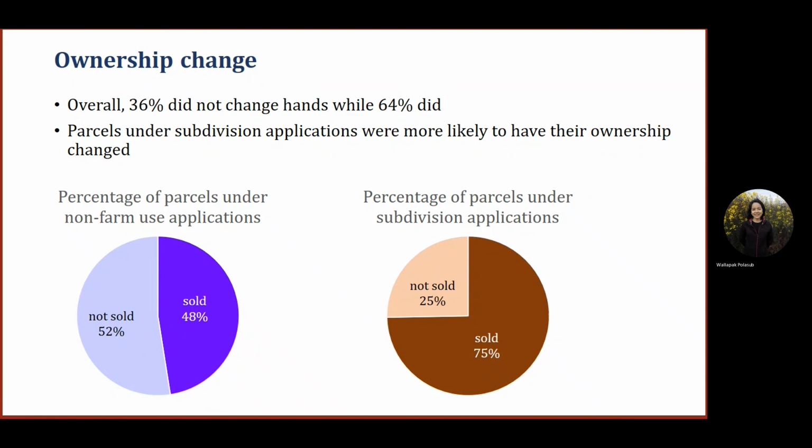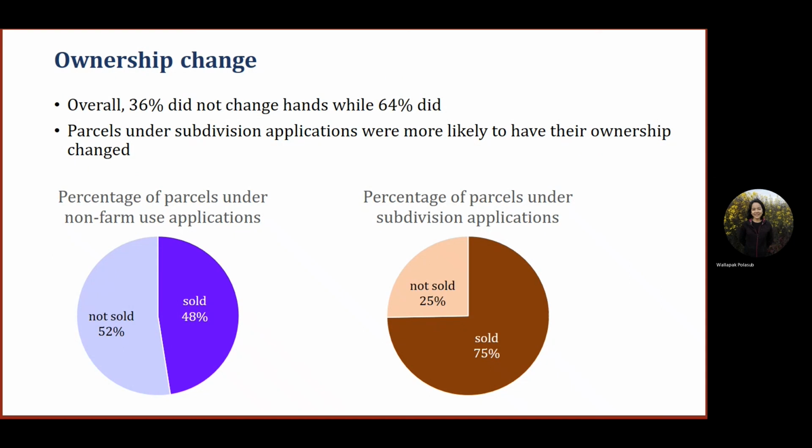Again, we divided into 2 groups. The one on the right is parcels under subdivision application, and the one on the left are parcels under non-farm use application. Overall, looking at both non-farm use and subdivision combined, 36% did not change hands, while 34% did.